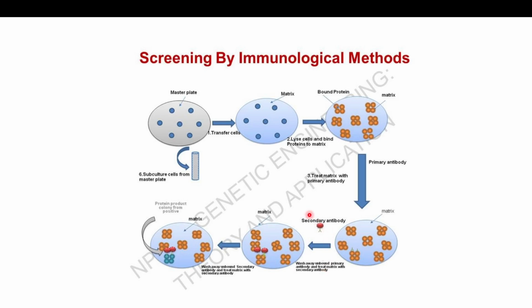All right, now suppose this is the protein of your interest where the antibodies are bound, and what happens is you now have the colony of your interest here. Okay, now you know that this was replicated, right?